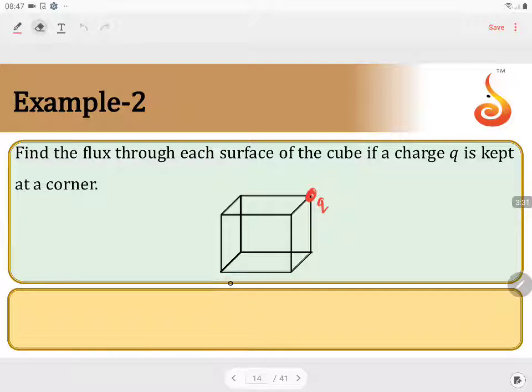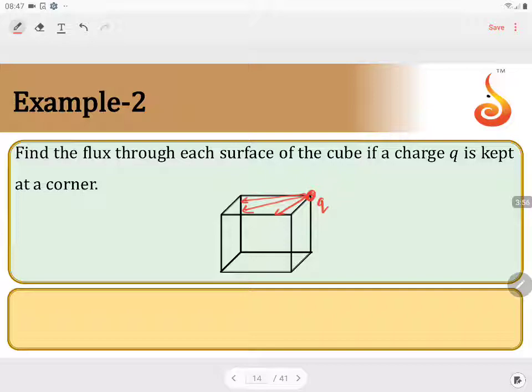So when the flux through the given cube is q by 8 epsilon naught, how will this flux be distributed over all six faces? Since this is the point charge, electric field lines will start from the positive charge and go away from it like this.